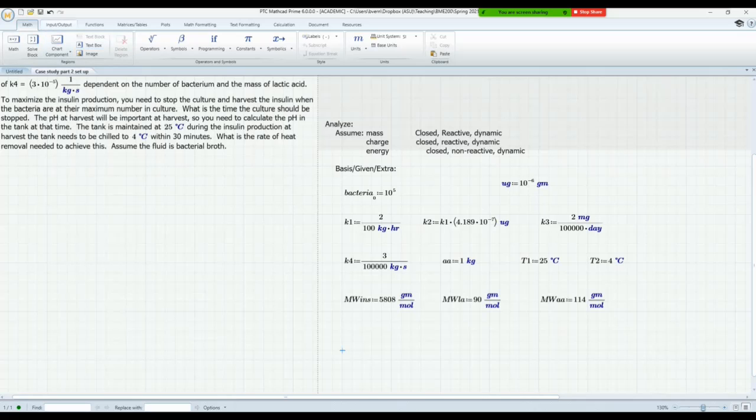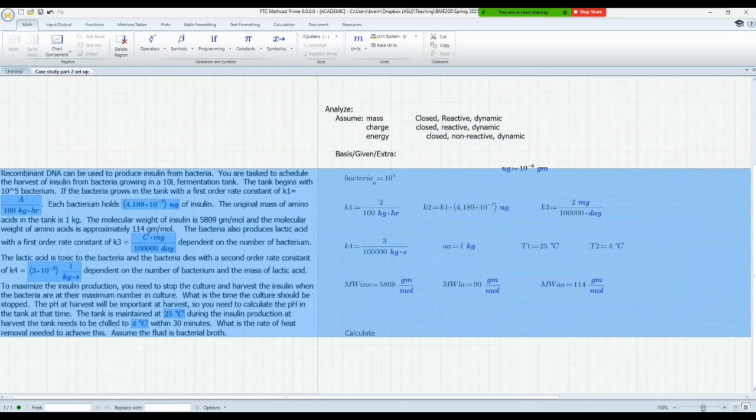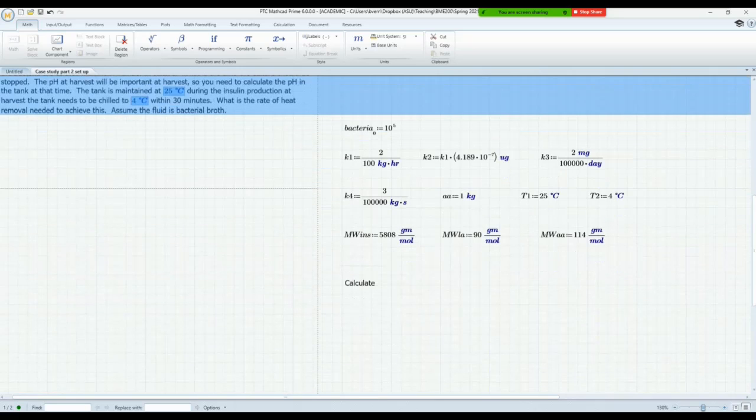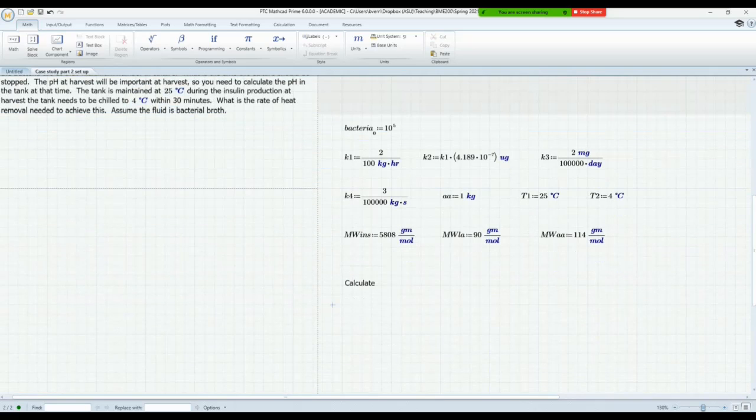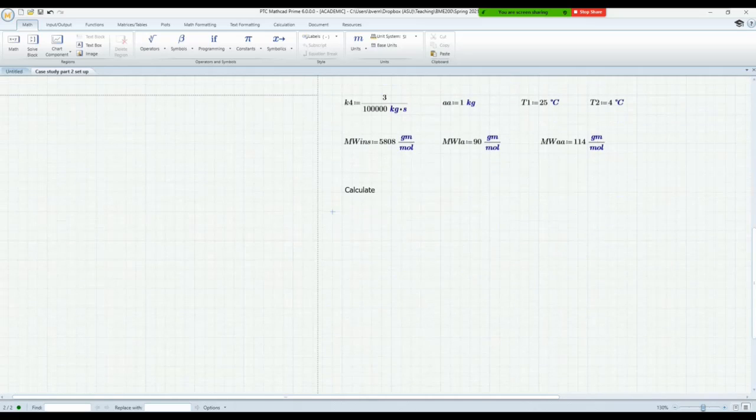So let's calculate. We put in a text box here for the calculate. Drag this down so you can still read it as we're going here. Oh, it doesn't want to. Well, calculate. The mass system is a first order system of mass here, so we're going to have a differential equation system.